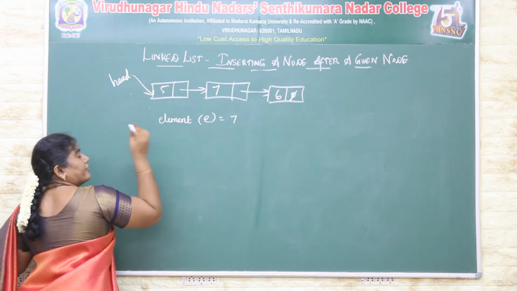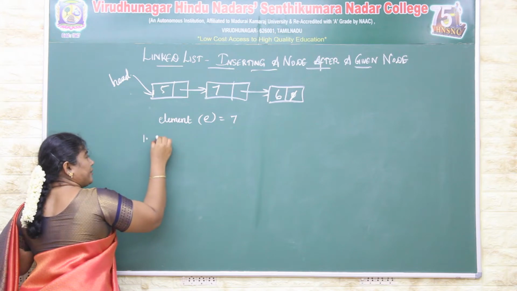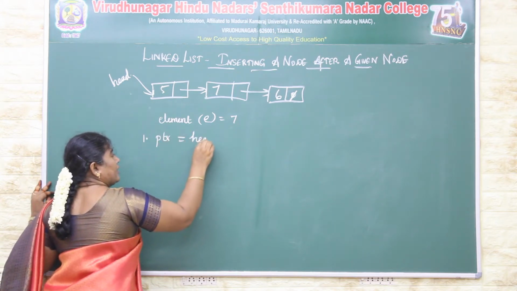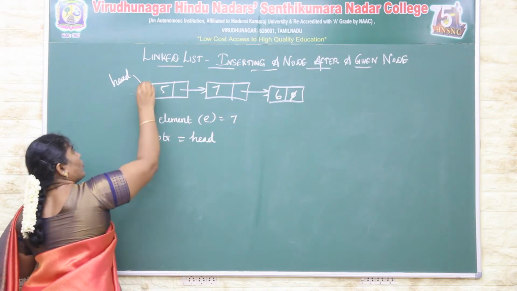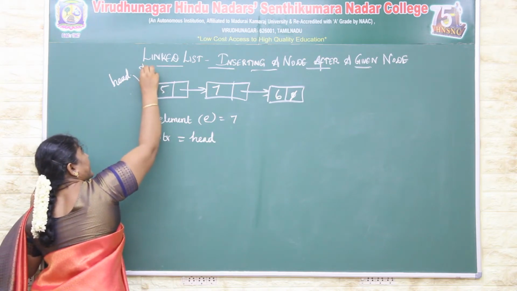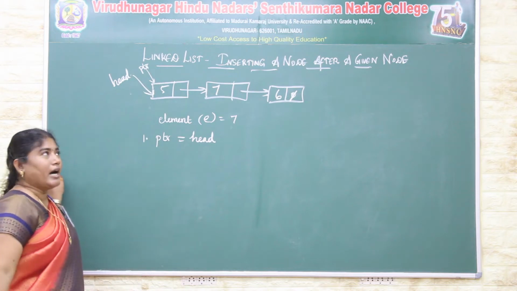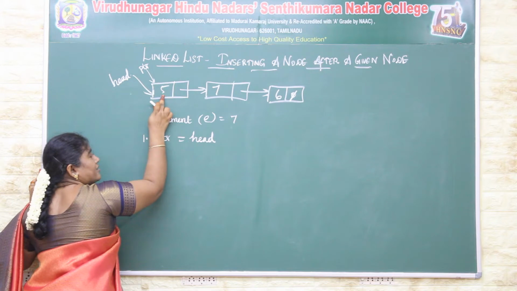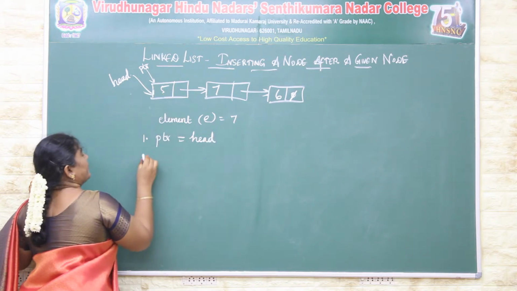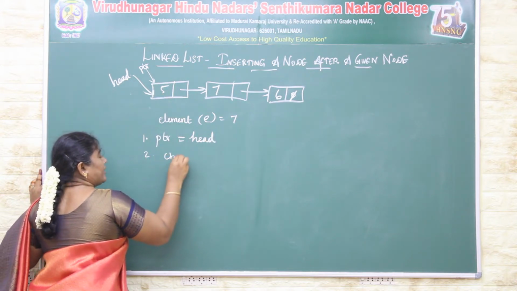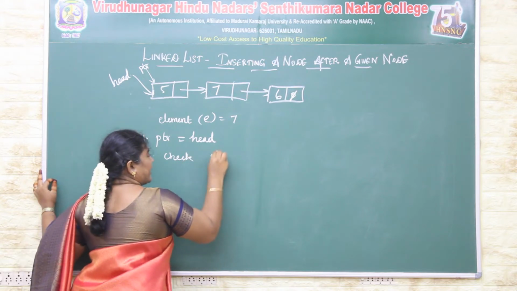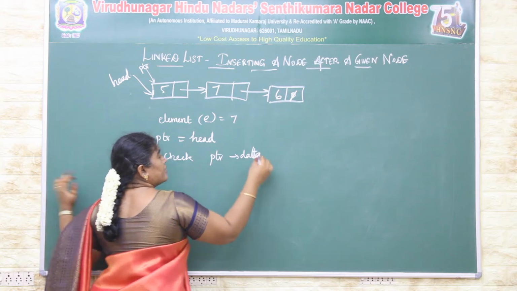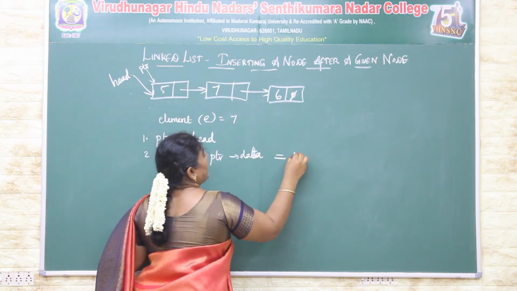So the first, very important step, I assign one temporary pointer PTR pointing to head. Automatically my PTR will start pointing to this node. In the second step, I have to check whether this PTR pointer data is equal to my given element.